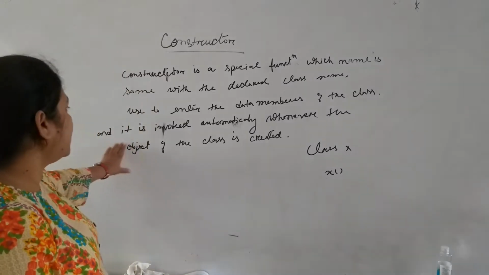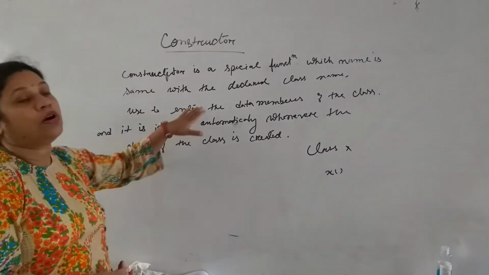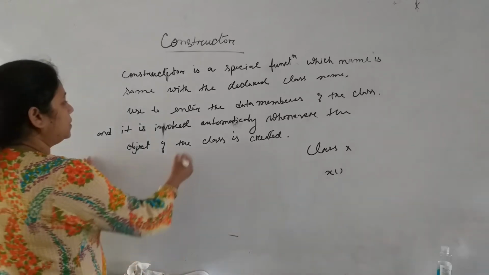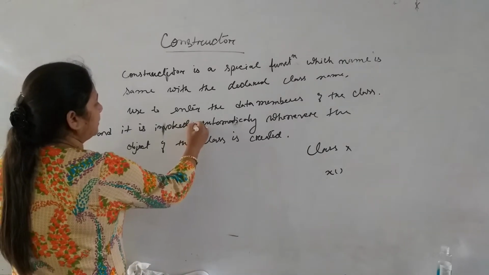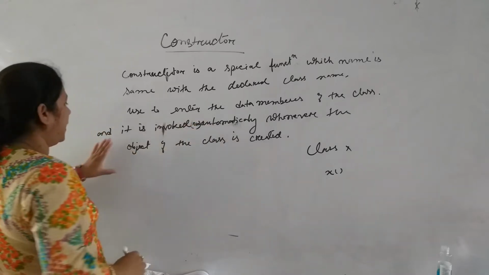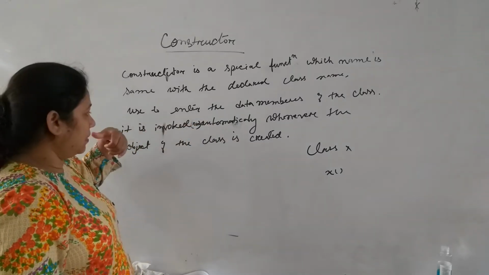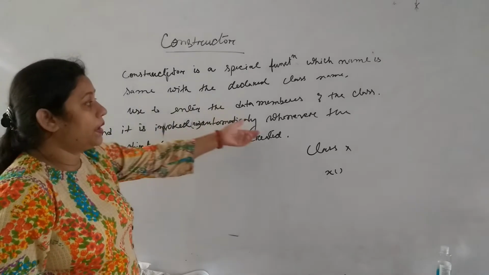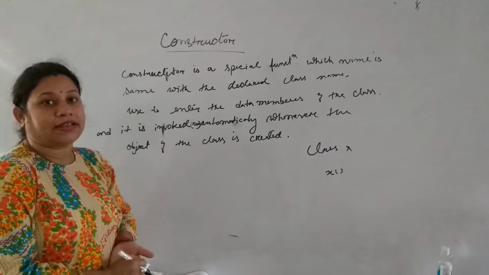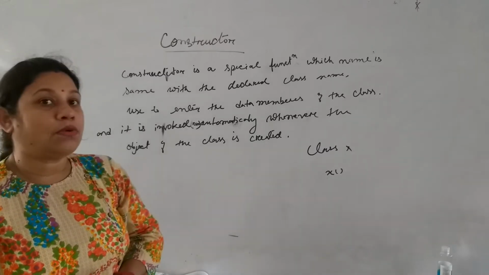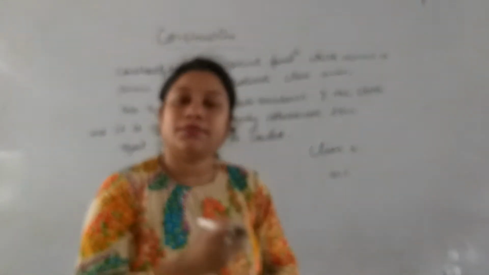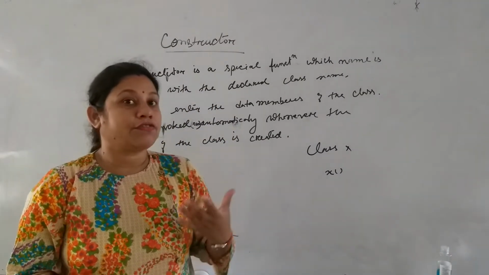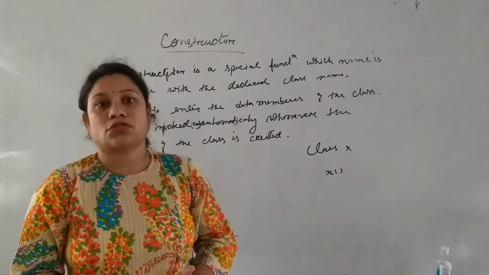Okay, and look at the third point, it is invoked automatically. Invoke means run or execution. Okay, it is executed automatically whenever the object of the class is created. That means when you are going to create the object of the class inside the main function, the constructor function will get executed automatically.